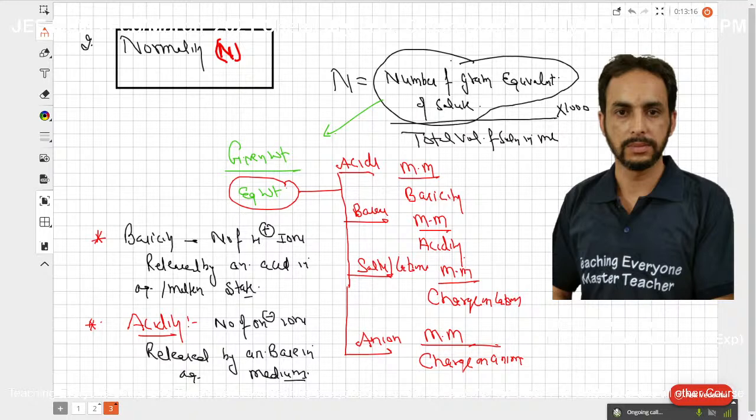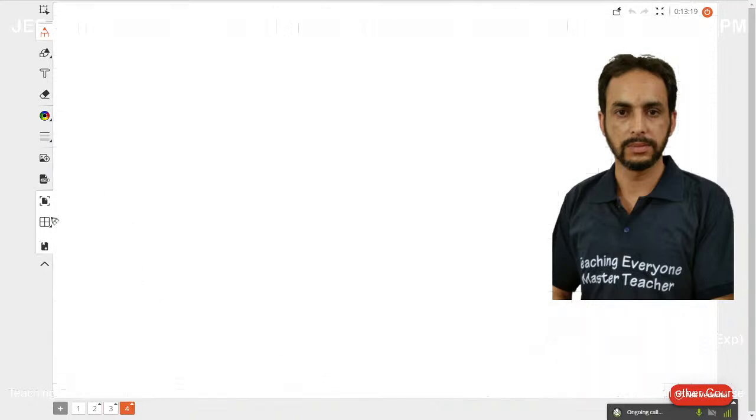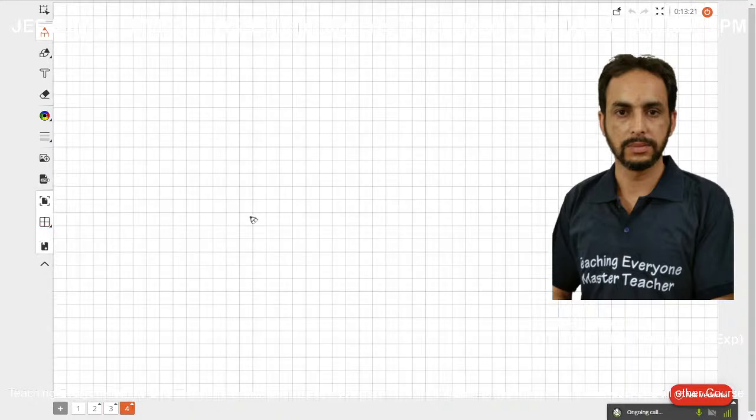Now after this, as we calculate the equivalent weight, we can easily find the number of gram equivalents, and if we can calculate the number of gram equivalents, then it is easy to find the normality.